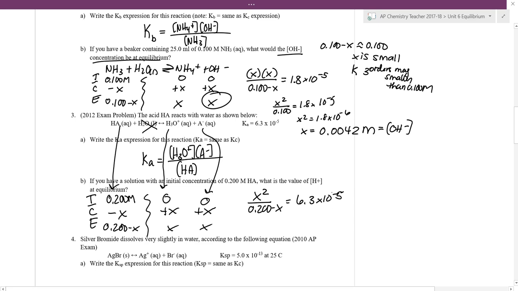It's at least 3 orders of magnitude smaller than this number right here, the 0.2. So I'm going to assume that 0.2 minus x is just 0.2 because x is so much smaller than 0.2. So we end up with x being the square root of 6.3 times 10 to the negative fifth times 0.2, which you can plug in your calculator, and that will give you the concentration of hydrogen ions.